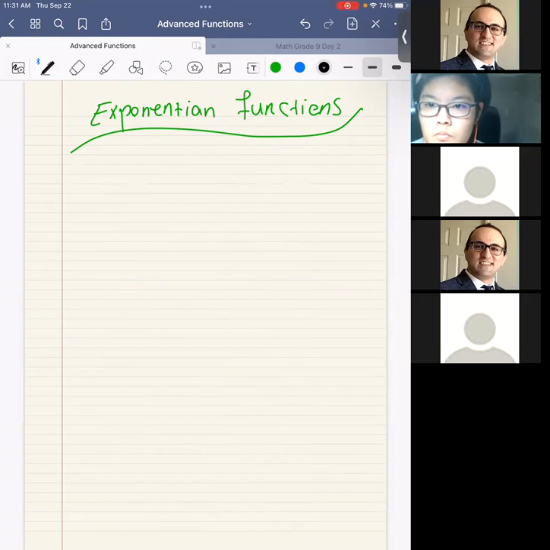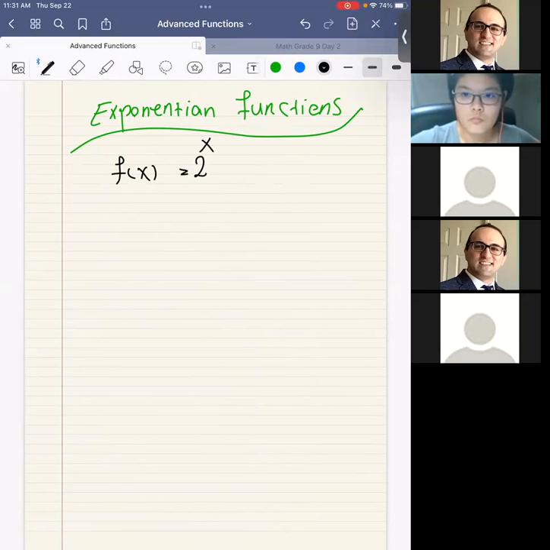What is an exponential function? An exponential function is a function like f of x equal to, for example, 2 to the power x. So here is the key point: the x, which is the free variable that we use to define this function, goes to the exponent. So the variable goes to the exponent.